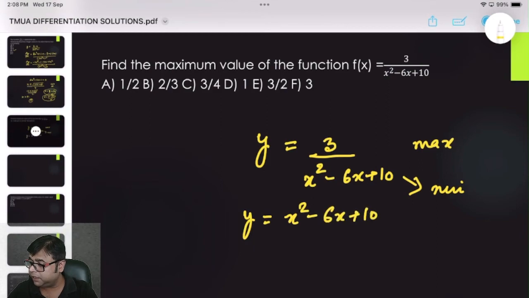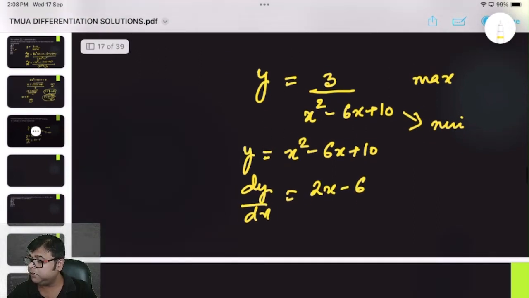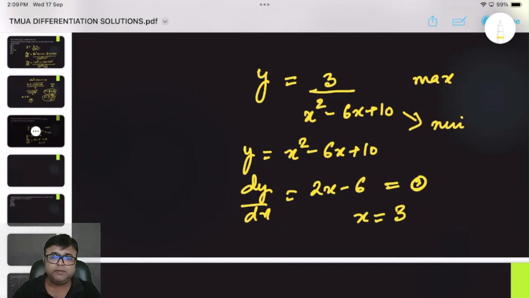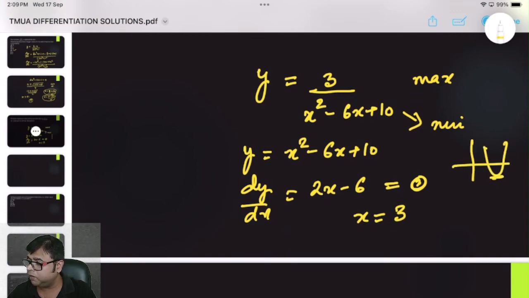If I find the first derivative, I will get 2x minus 6. If I put the first derivative as 0, it will give me x equal to 3. Now at 3, definitely this is going to be minimized because it's a cup-shaped parabola. Or you can find the second derivative, which is 2, and since it's positive, at x equal to 3 I'll get the minimum value.